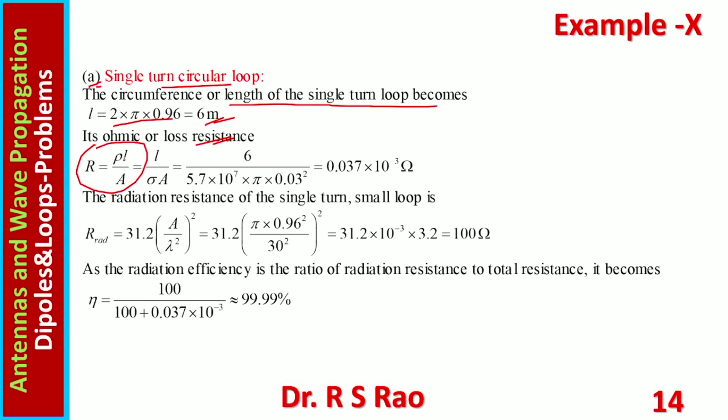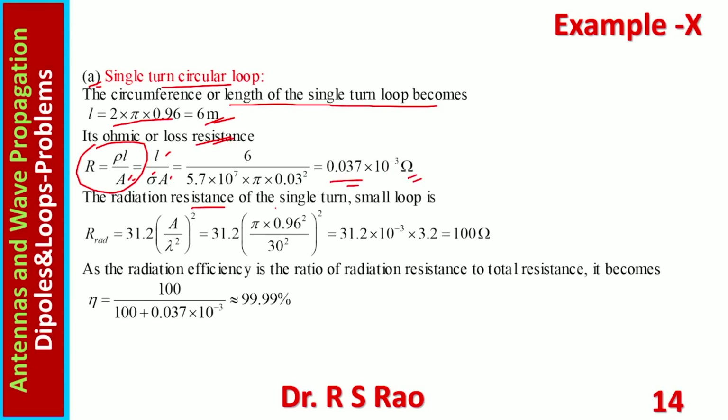Resistance is resistivity multiplied by length divided by cross-sectional area. Conductivity is given, which is inverse of resistivity. Length is available, conductivity is available, cross-sectional area is available. Substitution gives us loss resistance as 0.037 into 10 power minus 3 ohms.